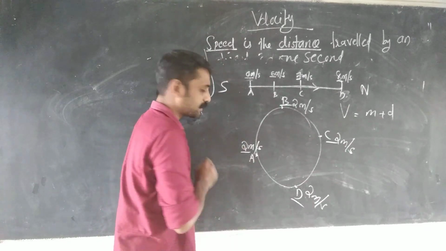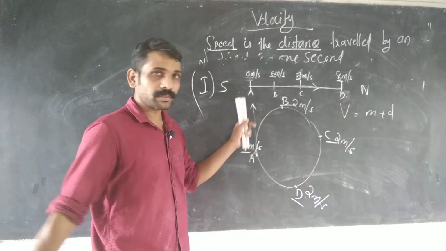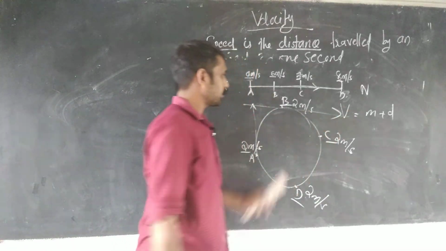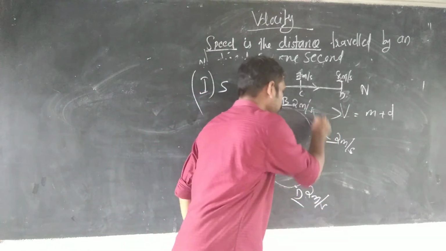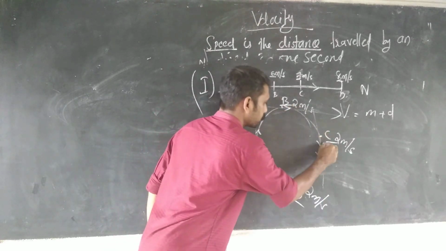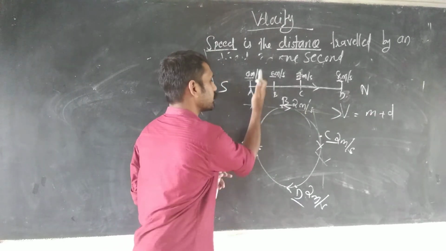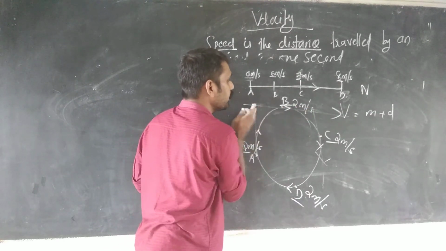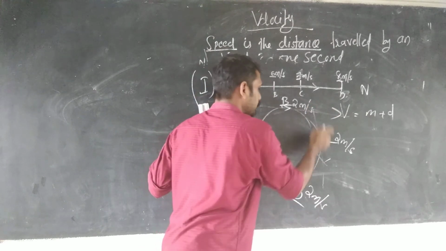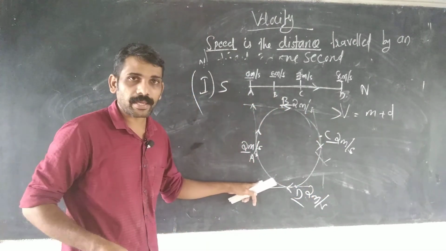But direction is changing. At A the direction is up. At B the direction is changing. Suppose the object is moving in this direction, so at all points the direction will be changed. At B the direction will be like that, at C the direction will be down, at D the direction will be like that.